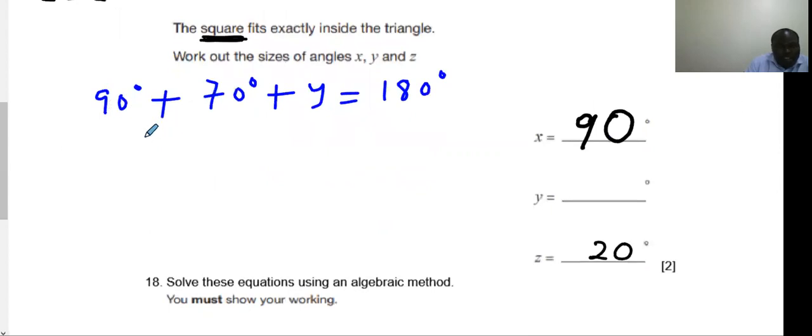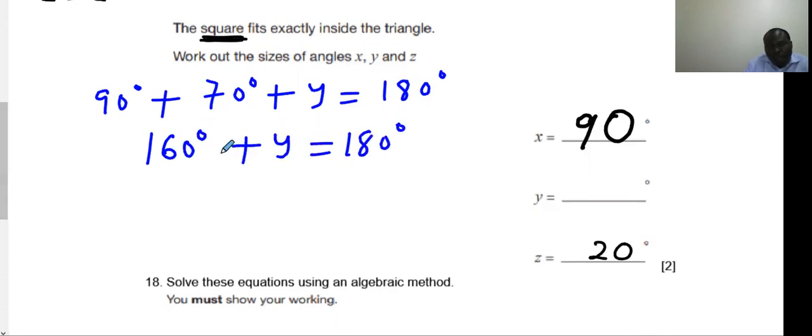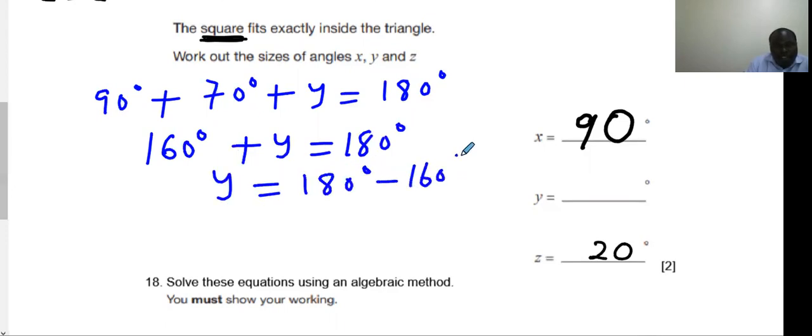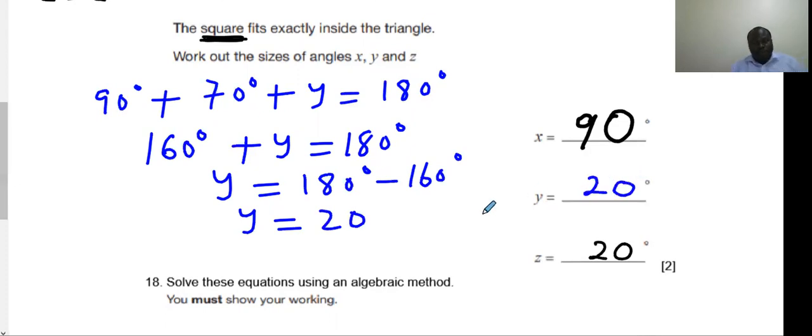So 90 plus 70 is 160, plus y equals 180. So my y will be 180 degrees take away 160 degrees. Y equals 20. Wow, so y and z are the same. Good for you, right?